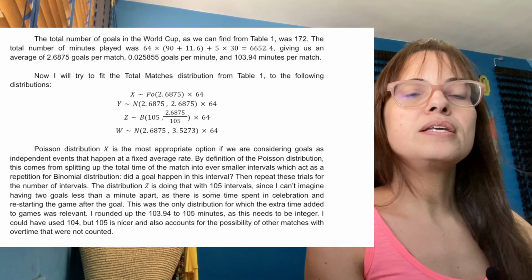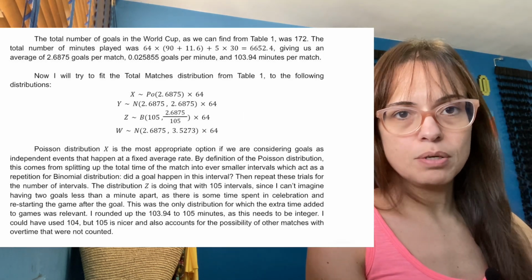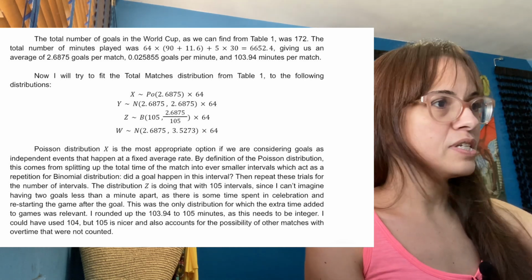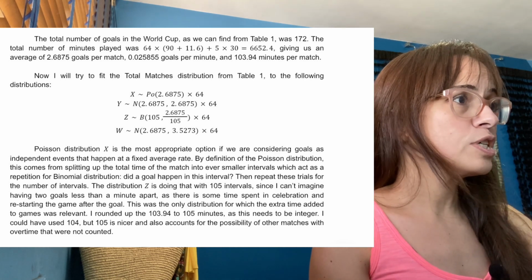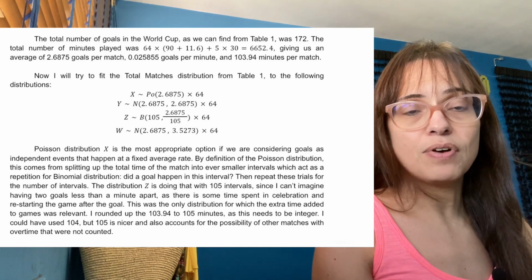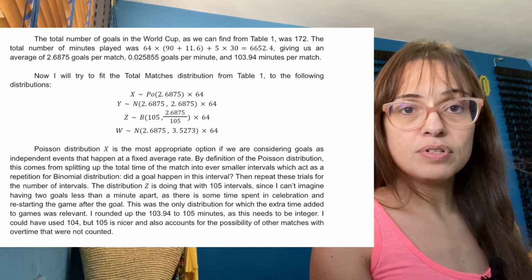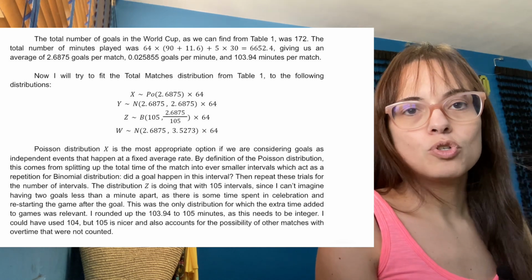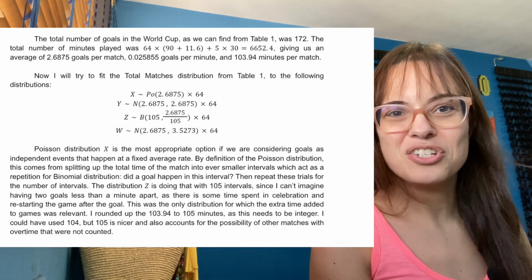And then when I listed here the 4 distributions that I'm going to be trying to fit to the goals data, as it is right now, I did get to explain 2.6875 before I even typed the distributions, which that number is the average number of goals per match according to the calculation that I just did over there.